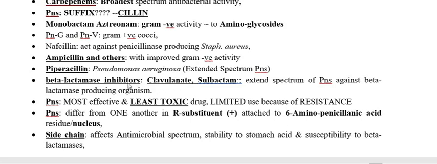It means that drugs like amoxicillin, ampicillin, piperacillin, ticarcillin, all of which are penicillins, are going to combine with beta lactamase inhibitors like clavulanate and sulbactam.